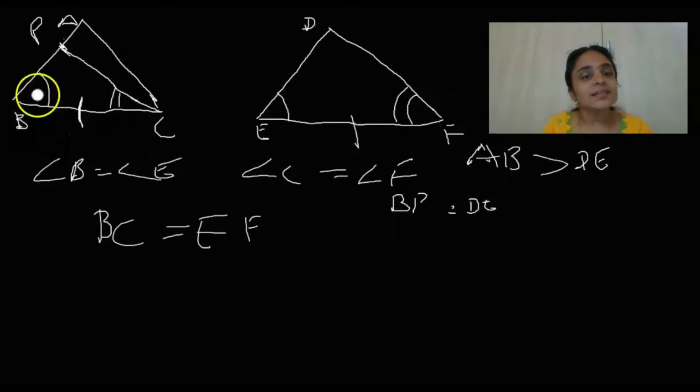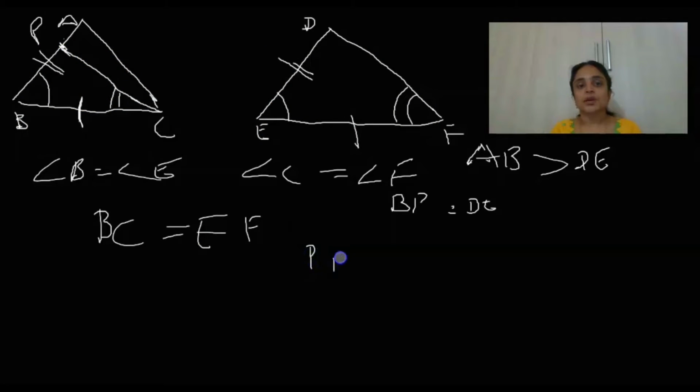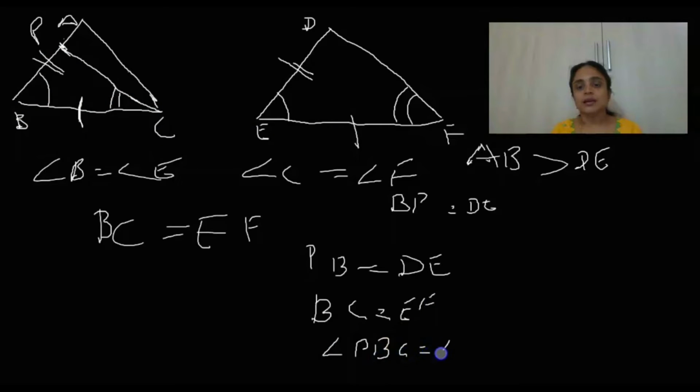Now consider triangle PBC and triangle DEF. Here we have taken PB equal to DE, then BC is equal to EF and angle PBC is equal to angle DEF. So two sides and one included angle are equal.